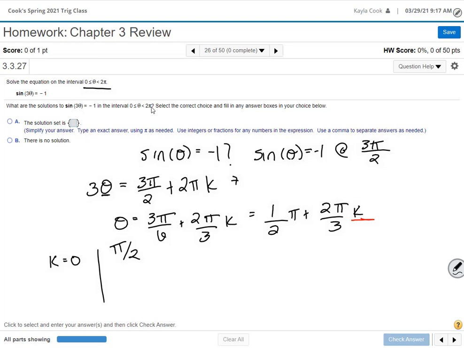For k equals 1, I'm going to get pi halves plus 2 pi over 3, and that gives me 7 pi over 6.